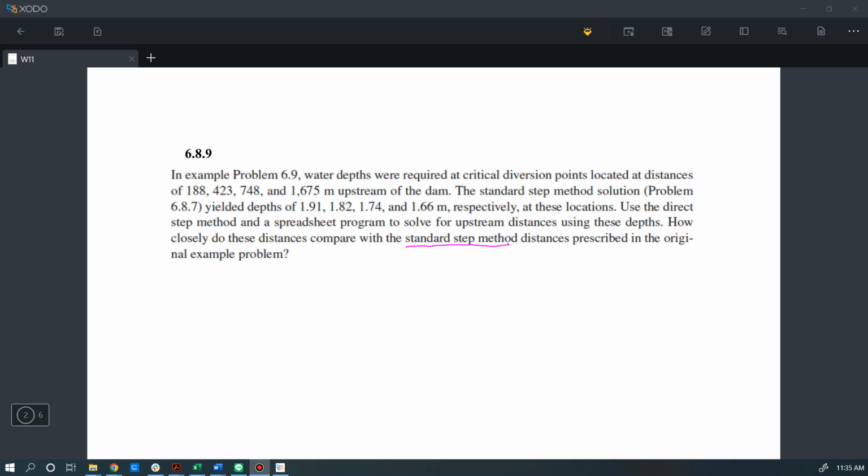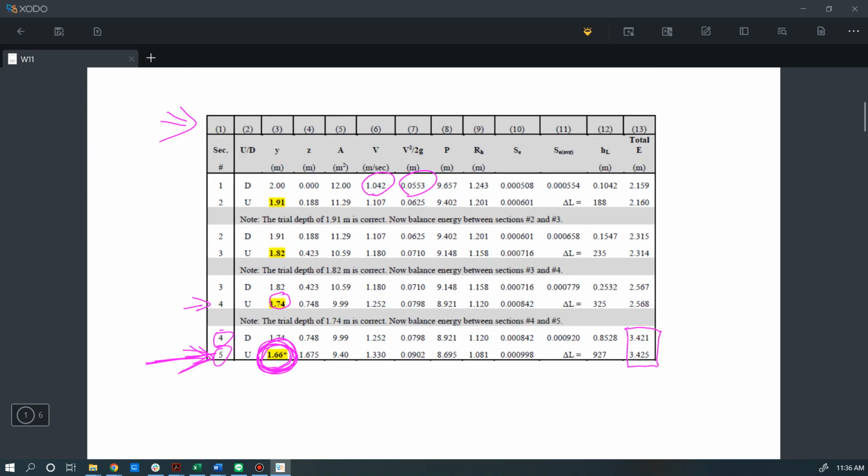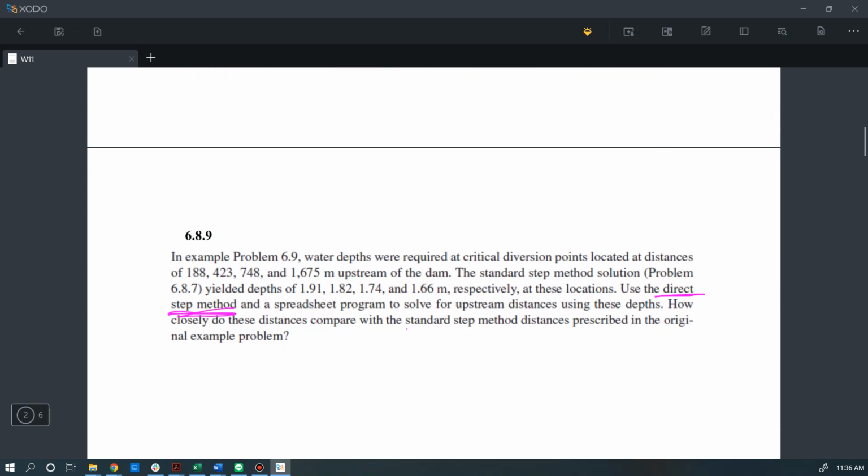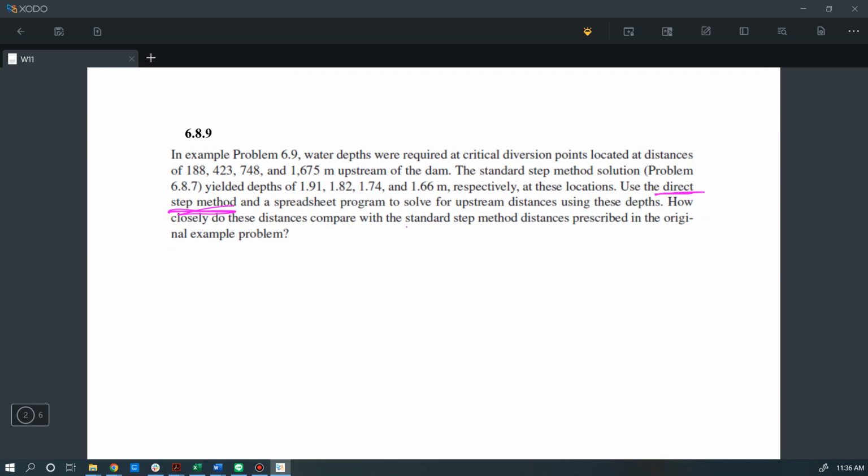Sorry, my bad. In this problem, we are using the direct step method to solve the distance given the water depths at different sections along this channel, and we want to compare the result with the results that we solve using the standard step method.